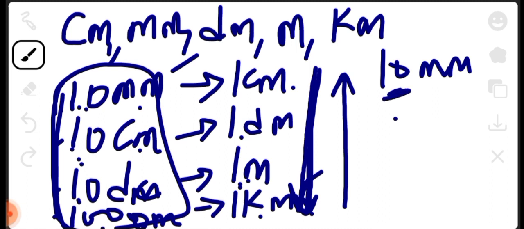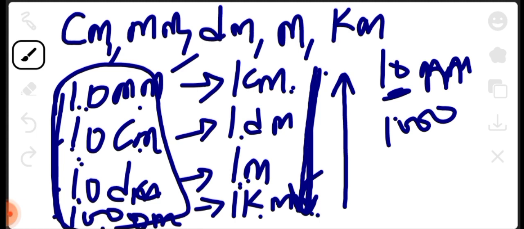So we divide this 10 by 1000. That will move it to meters. So if you are converting from a smaller unit to a bigger unit, you divide by their relationship. If you are converting from a bigger unit to a smaller unit, you multiply by their relationship. Take note of that. It's very, very important. So converting from bigger to smaller, multiply. Converting from smaller to bigger unit, we divide.